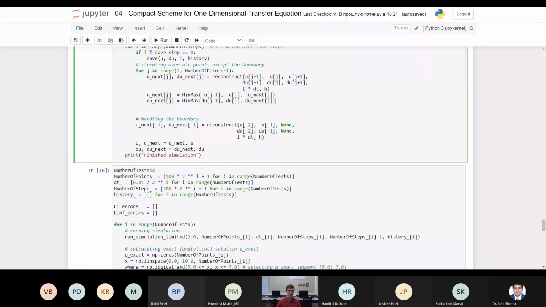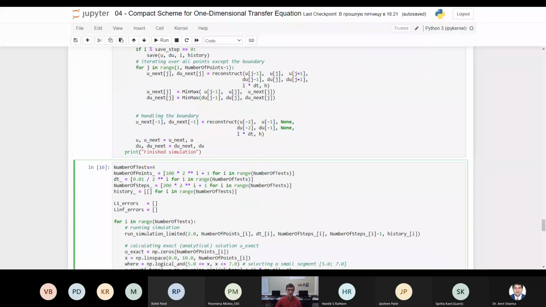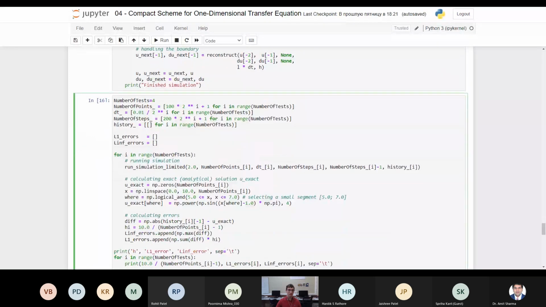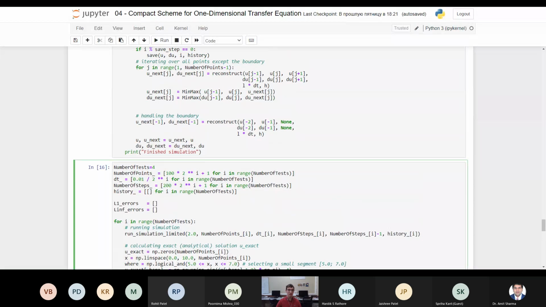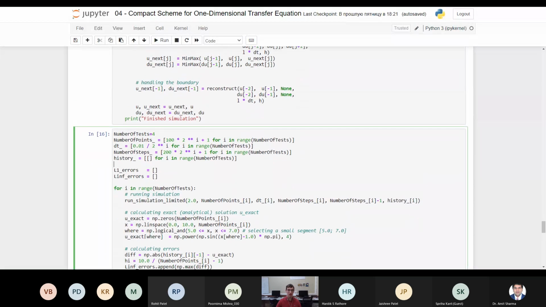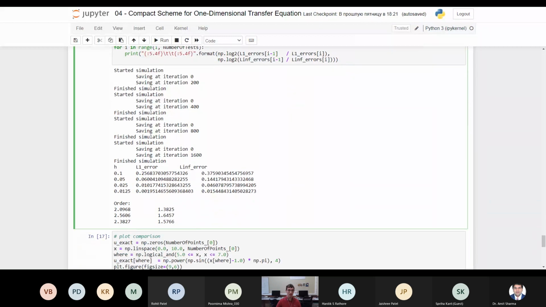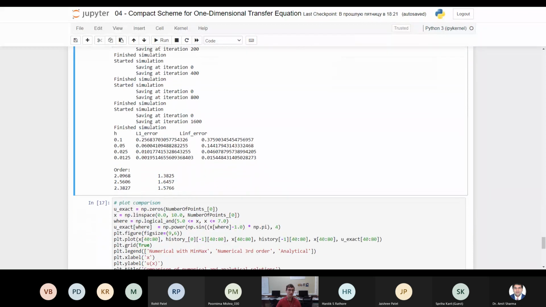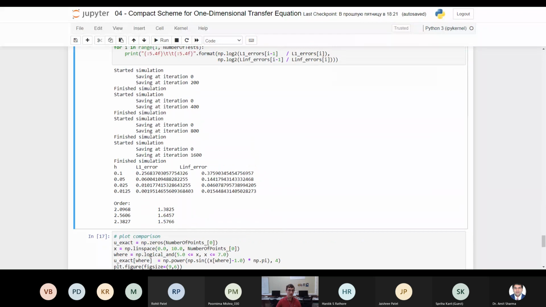And here in this cell, we have run the tests for the simulation with these special monotonizers, and it results in the following order values, the following errors. And what we can see immediately is firstly that the order is much smaller.